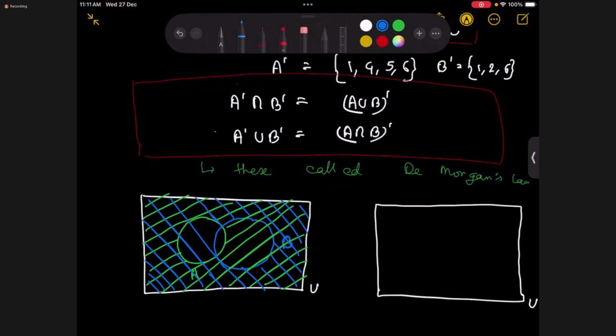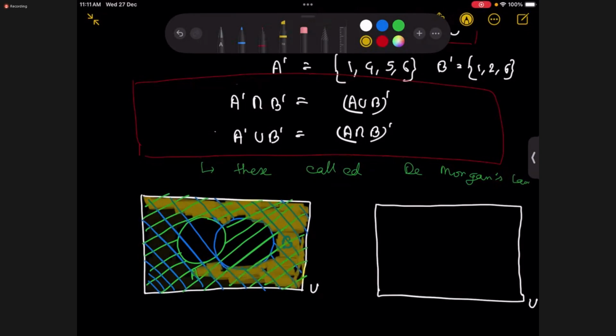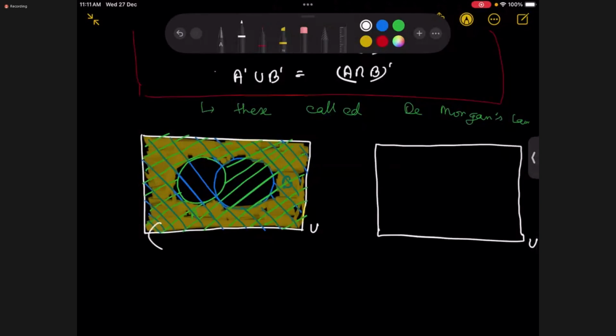That is, what about A complement intersection B complement? Clearly one can observe that the common area between them is this yellow portion. This yellow portion is nothing but A complement intersection B complement.